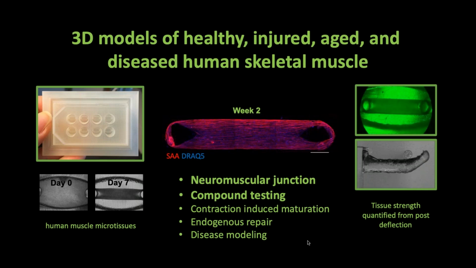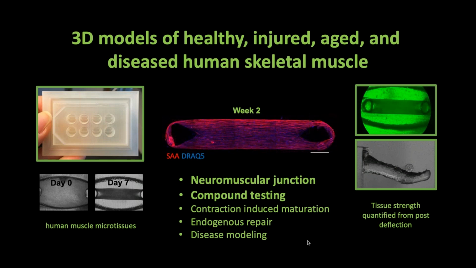So we go about this task in a number of different ways, but one of the areas that my lab is very interested in and very focused on is in the development of 3D models to study healthy, injured, aged, and diseased human skeletal muscle tissue. We've developed devices and methodologies that allow us to look at a number of different aspects of human skeletal muscle biology in a dish.